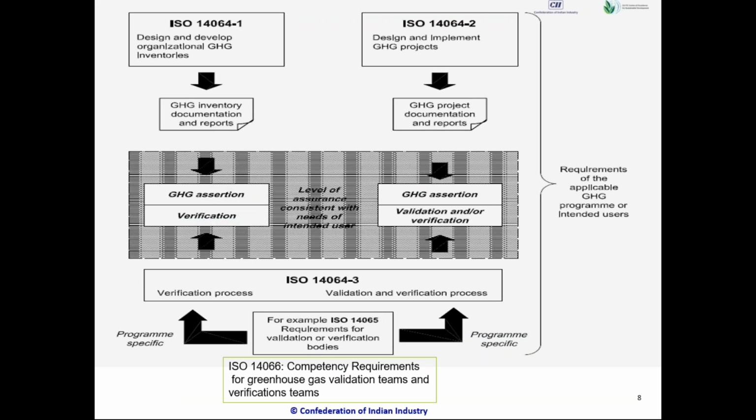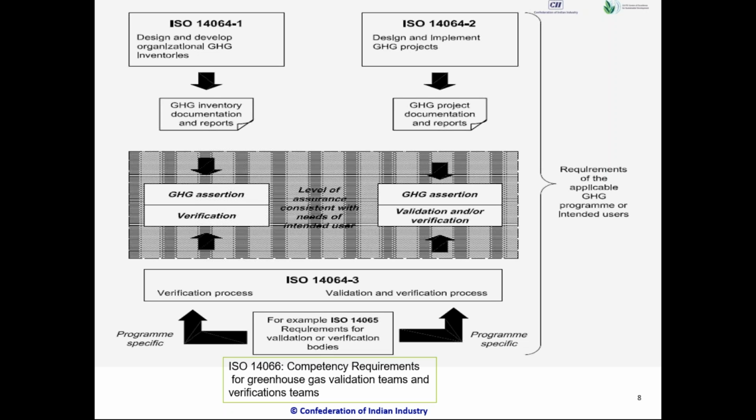So this is a diagrammatic representation which shows the difference between the two standards. On the left side, if you see, ISO 14064 part 1 talks about designing and developing an organization level GHG inventory. That means if you have a refinery or a sugar industry or a cement plant, how to calculate the GHG emissions for your industry.